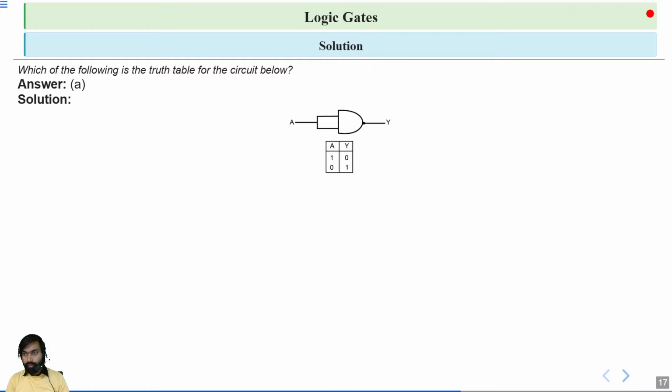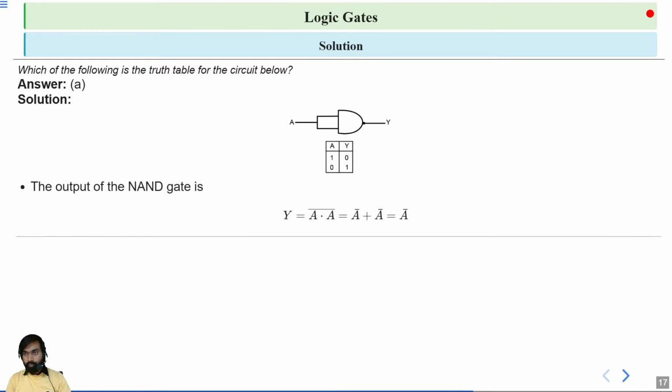The NAND output is the negation of this. So Y equal to (A dot A) complement. Using De Morgan's law, this becomes A complement plus A complement, which simplifies to A complement. So a NAND gate with both inputs connected to the same signal A outputs the inverse of A.